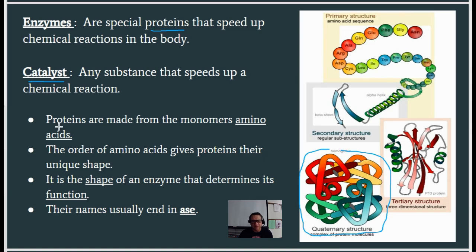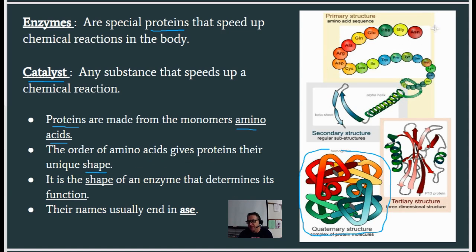All right, so remember, enzymes are made of protein, and proteins are made of the monomers, the little subunits called amino acids. So if this was a protein, each individual Lego would be an amino acid. And the sequence, the order of these amino acids is what's going to give the protein its shape. So the order of amino acids gives proteins their unique shape.